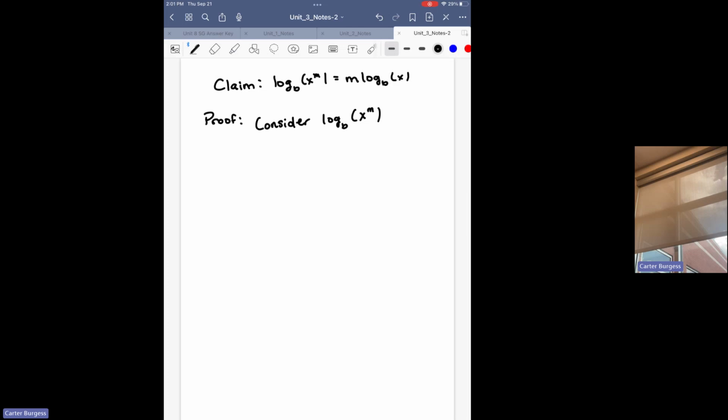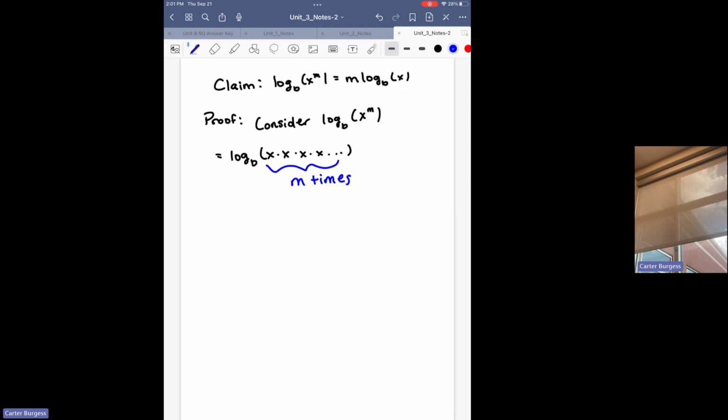Exactly. So this is basically saying that I have log base b of x times x times x times x dot dot dot. And how many times am I doing this? M times. Okay.